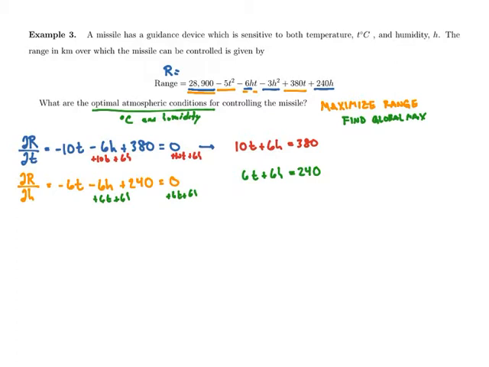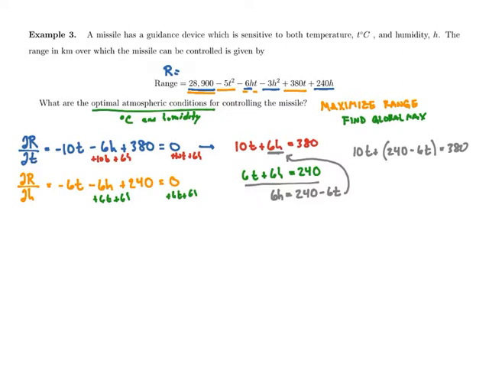So I'm going to look at this 6t plus 6h equals 240, and let's write this as 6h is going to be 240 minus 6t. And what I'm going to do is plug that 6h into the equation above. 6h is 240 minus 6t, so I'm going to write this as 10t plus 240 minus 6t is equal to 380.